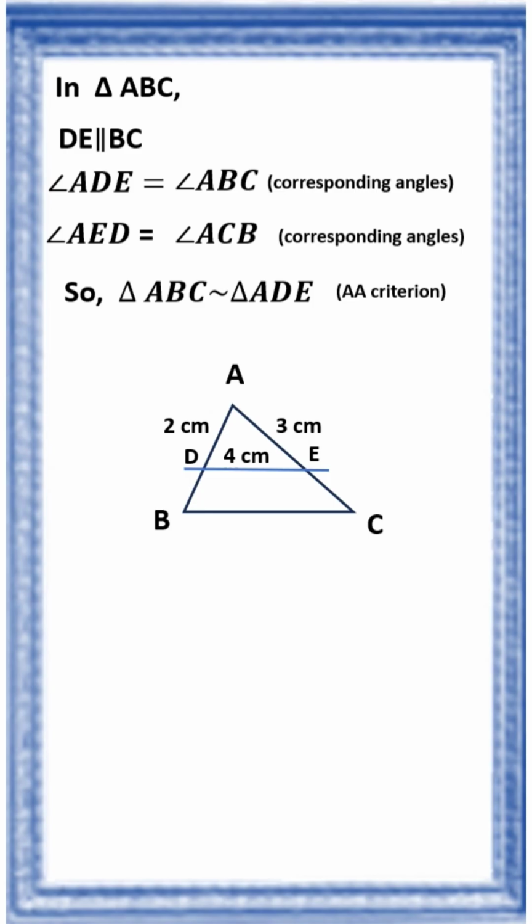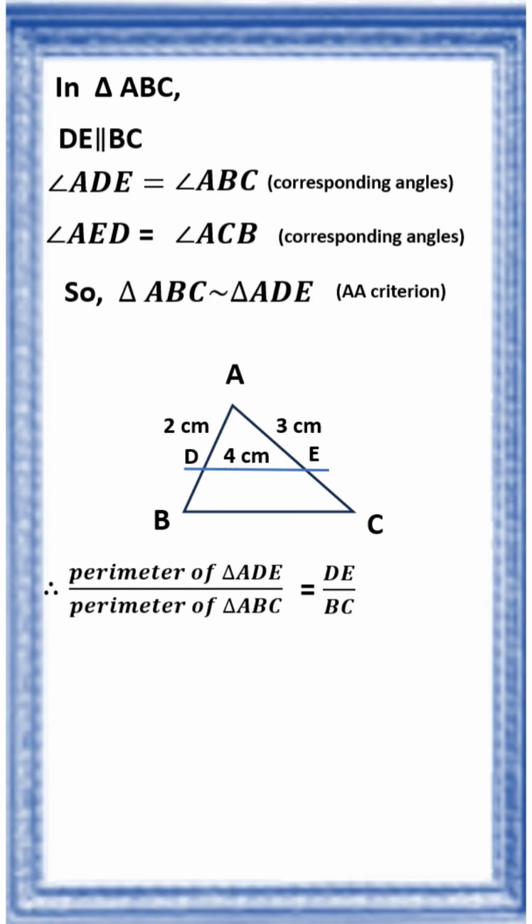Now, we know that perimeters of similar triangles are proportional to their corresponding sides. So, perimeter of triangle ADE upon perimeter of triangle ABC is equal to DE by BC. It is given. What is it? It is 2 by 5. Perimeter of triangle ADE is 9. How? 2 plus 4, 6, 6 plus 3, 9.